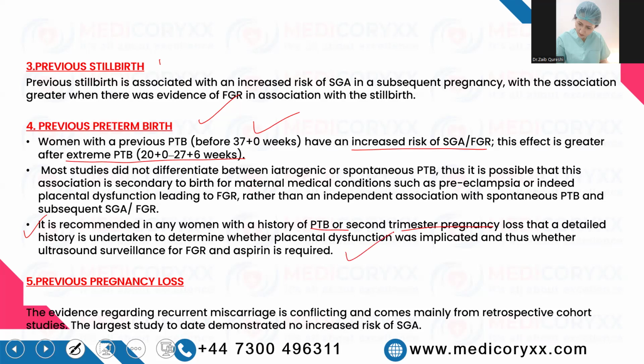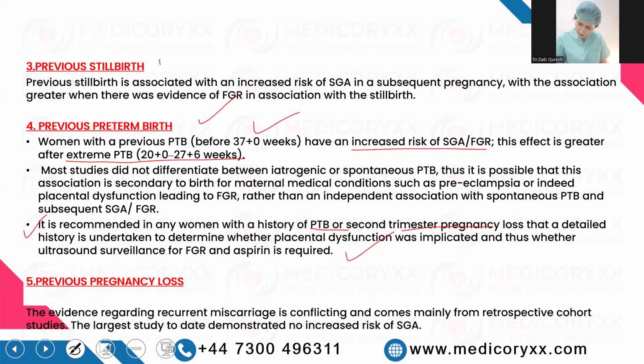Stop here. Why? We have a couple of types of preterm birth, isn't it? Number one is spontaneous preterm birth. Second is indicated preterm birth. For example, if a lady has developed severe preeclampsia by 28 weeks, which is not controlled by three or more drugs, then what do we need to do?